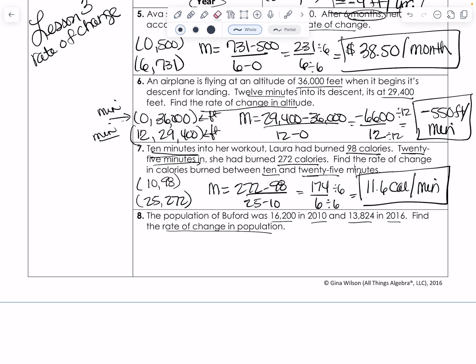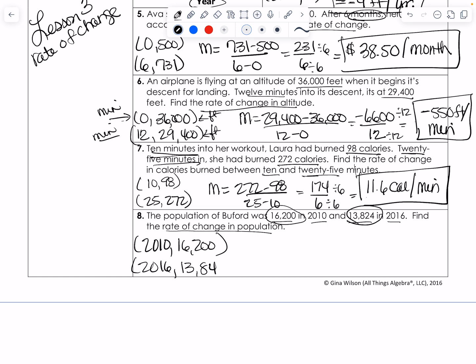Hold on a second. Okay, so 2010, and that population in 2010 is this right here, 16,200. And then you have 2016, and that one is 13,824.